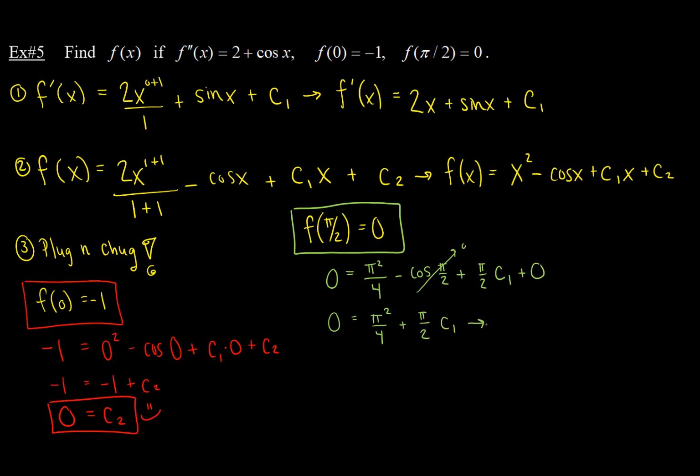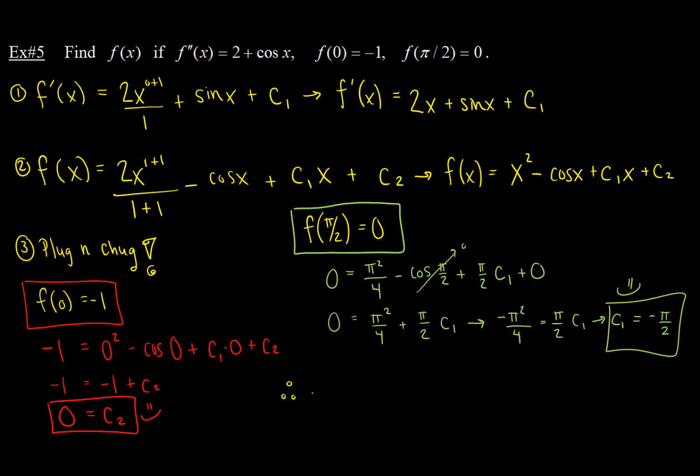And if I subtract that pi squared over 4 from both sides, I'm going to end up getting c sub 1 is going to give me negative pi over 2. So, doesn't that work? Now I have my answer. I'll put it all together.